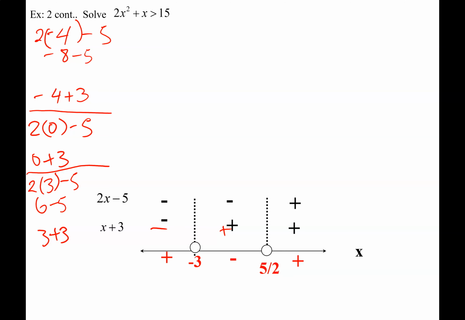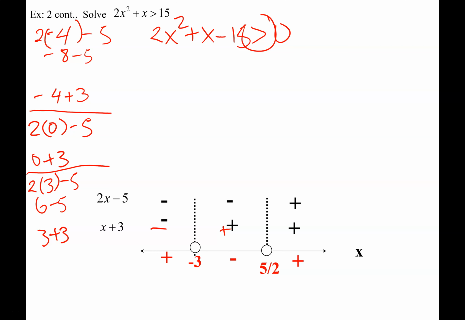Now we're looking for our solution so we can finish graphing this thing. Let me rewrite this part right here. We should have 2x squared plus x minus 15 greater than 0. So we're looking at the inequality, where is that polynomial going to be greater than 0?